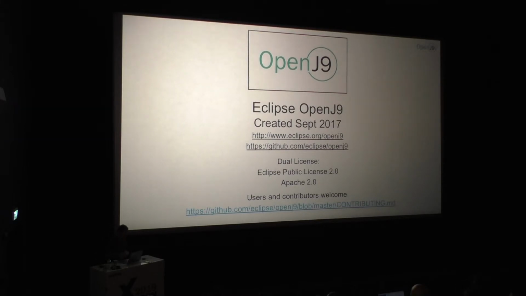So it can be found at eclipse.org/OpenJ9 and the GitHub source, open source for OpenJ9 is the GitHub Eclipse OpenJ9 repository, and the associated OpenJ9 OMR code is there as well in the OpenJ9 OMR repository. It's dual license EPL v2, Apache version 2, and it's open source, so users and contributors are welcome. Follow that URL and you can see how you can contribute.